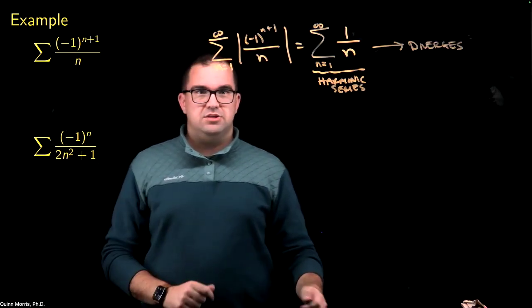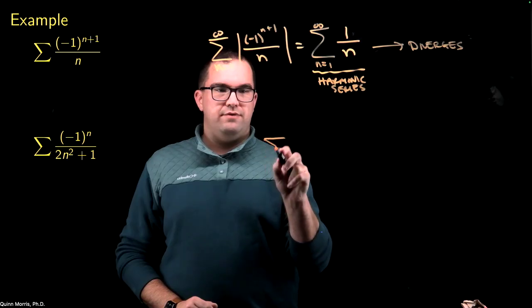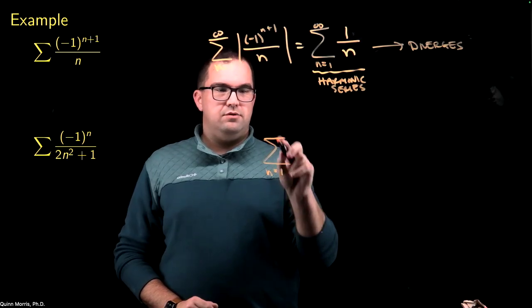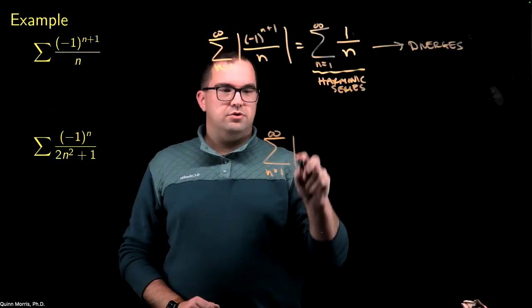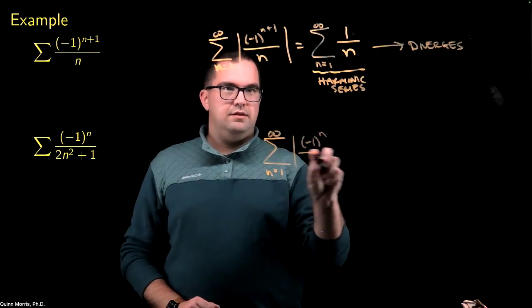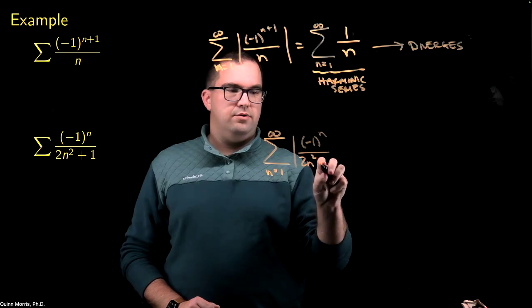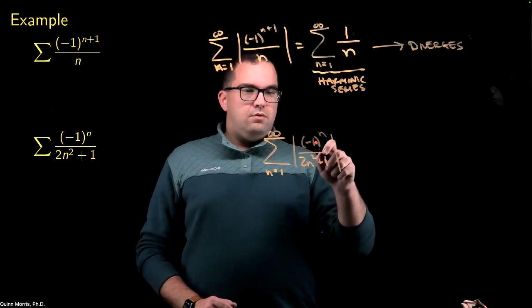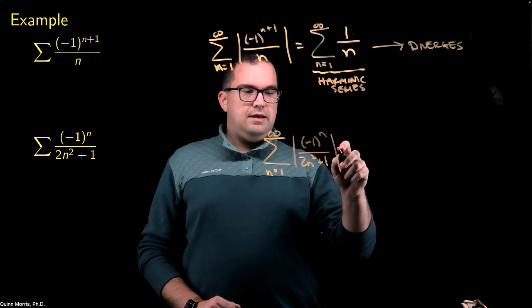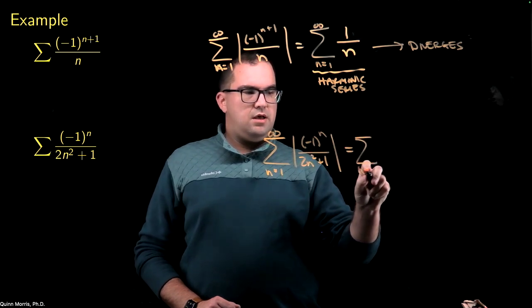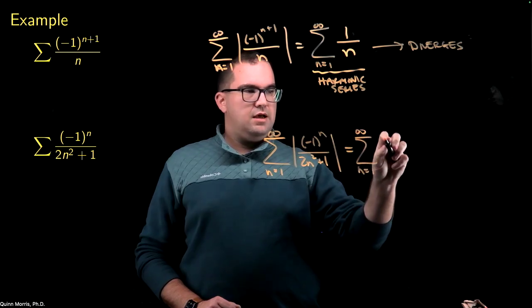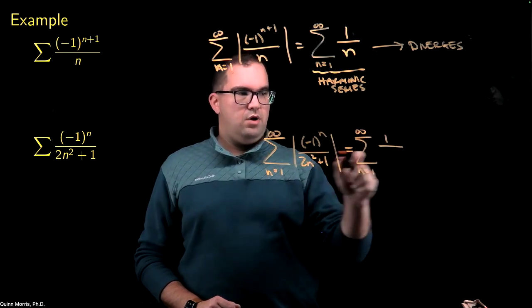Before I do that, let's look briefly at this. So here, if I take absolute values, sum n equals 1 to infinity of the absolute value of minus 1 to the n over 2n squared plus 1, I get that this is equal to the sum n equals 1 to infinity of 1 over 2n squared plus 1.